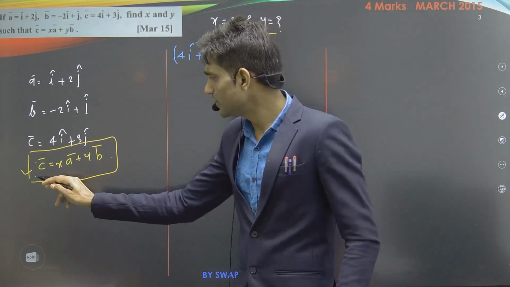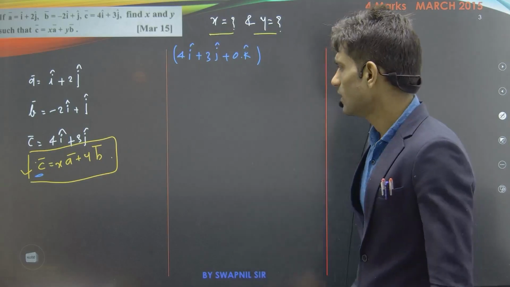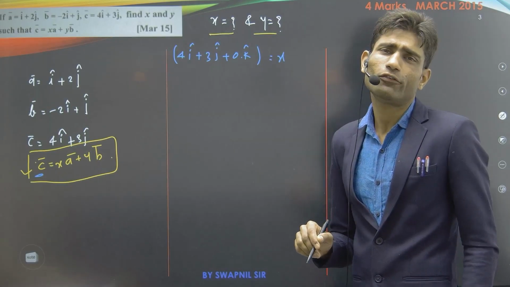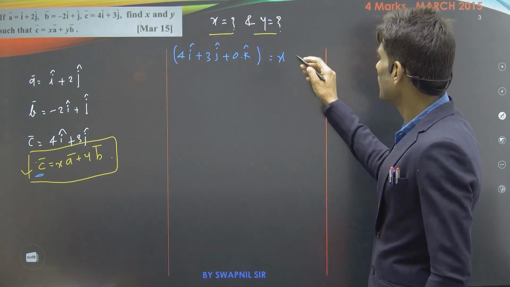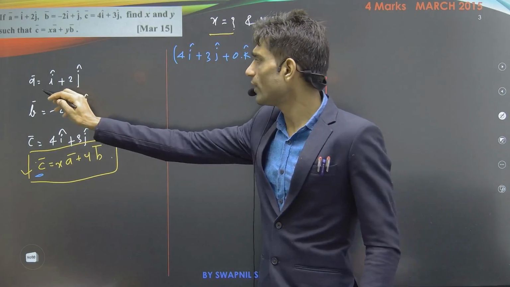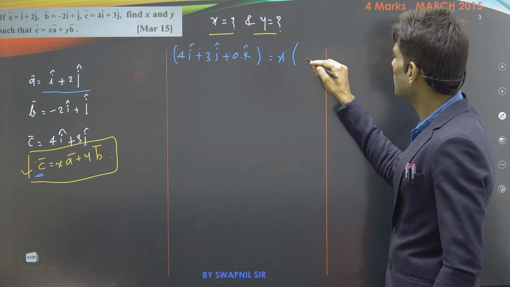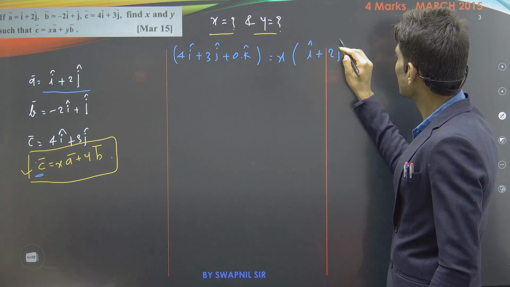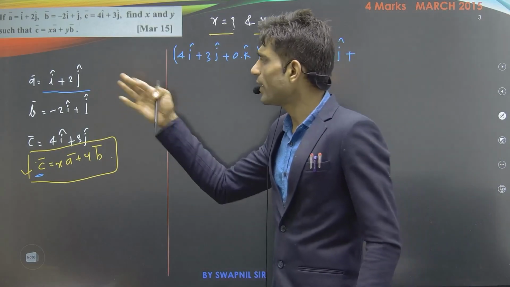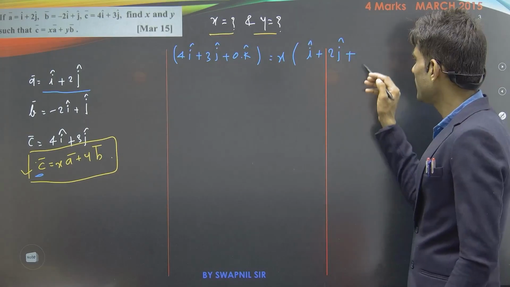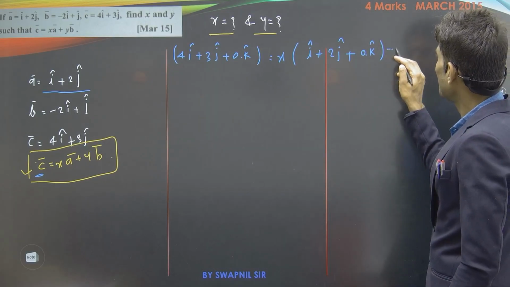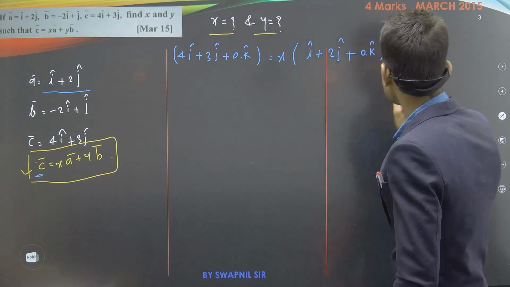I am just substituting all these values in our formula; nothing is different here. C bar equals x multiplied by A bar. We don't have a value for x, so keep it as it is, because we have to find it later. x into A bar, which is I cap plus 2j cap plus 0 times k cap, since k is not present. Plus y times B bar; keep y as it is.